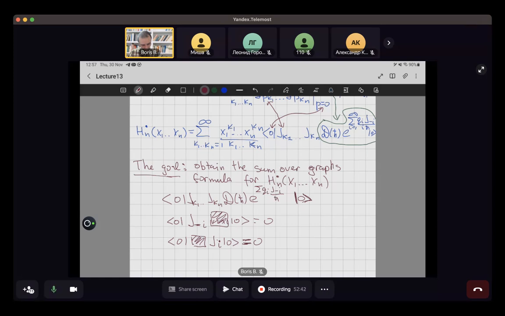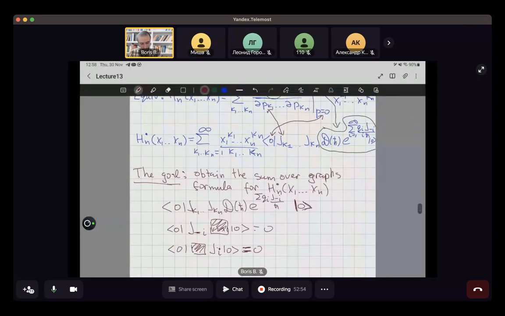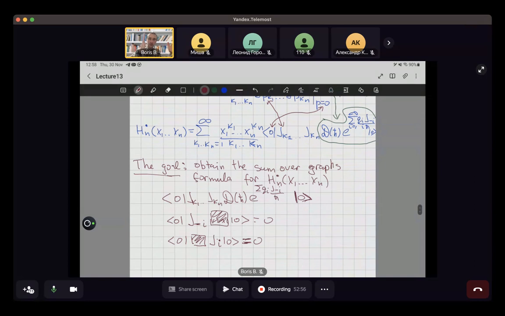We know the commutation rules of J operators, and the goal is to commute all J minuses to the left and all J pluses to the right, and we obtain some summands.